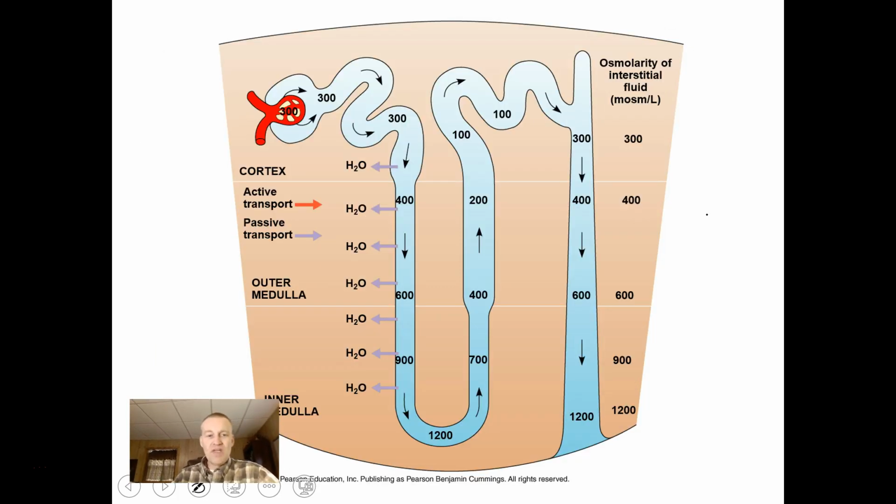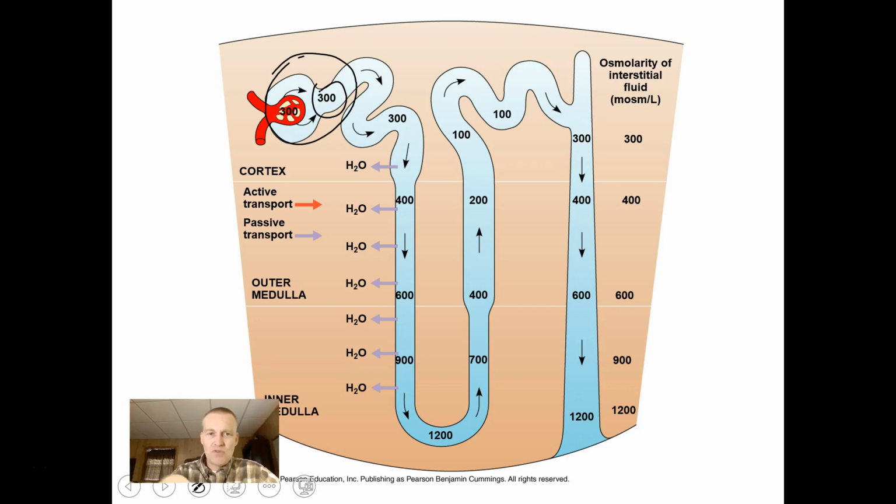Just to reiterate a point I was trying to make earlier, when you look at the osmolarity, that is the amount of dissolved solutes per liter of filtrate or blood, you can see that the plasma and the filtrate have about the same osmolarity of 300, and that's milliosmoles per liter.